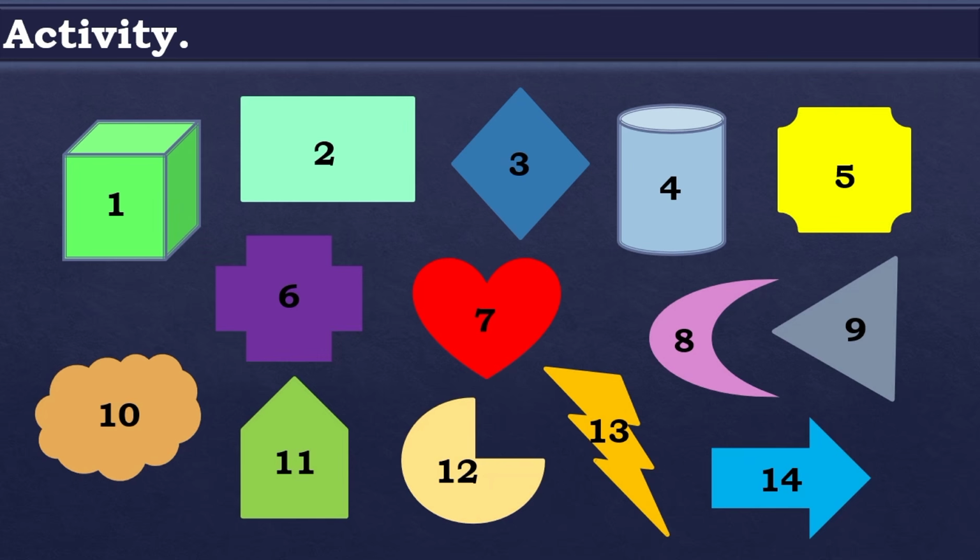So let's start with a short activity. I want you to guess which figures or shapes do you think are polygons and which are not. Let us group these sets of shapes into two.